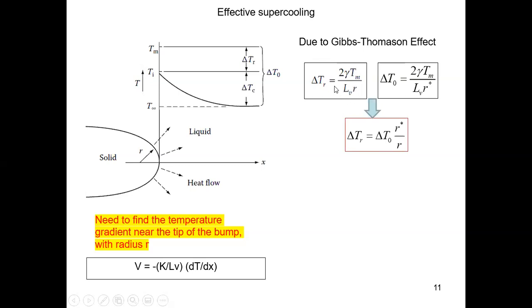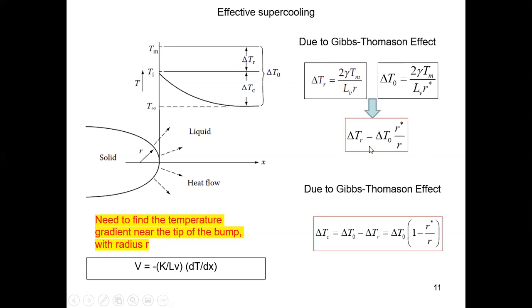It's very easy to show using these two relations that delta R simply equals delta naught times this factor R star over R. Because R is always larger than R star in our setup, this delta R is only a portion of delta naught. And if we have this relation, it's very straightforward to compute the effective supercooling for this tip, which is delta C, and this equals delta naught minus delta R.